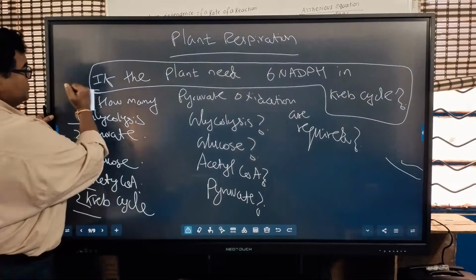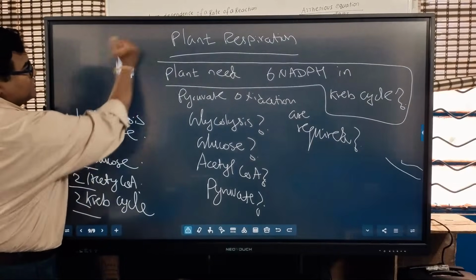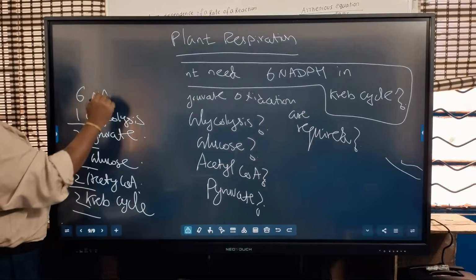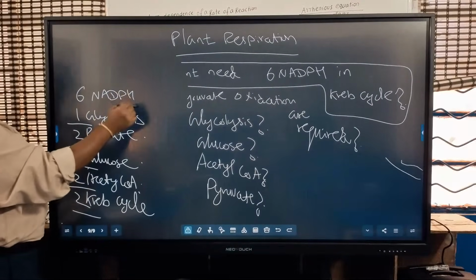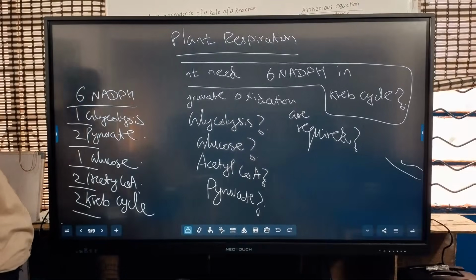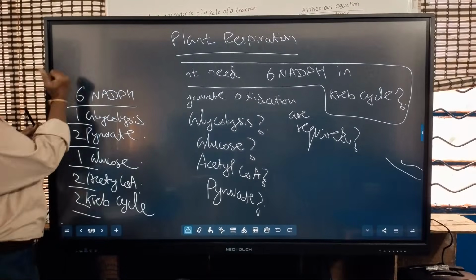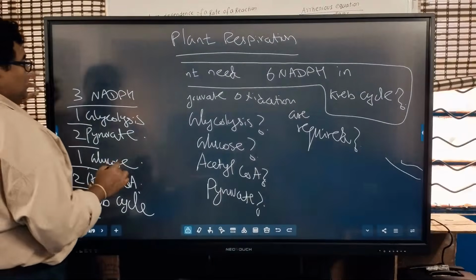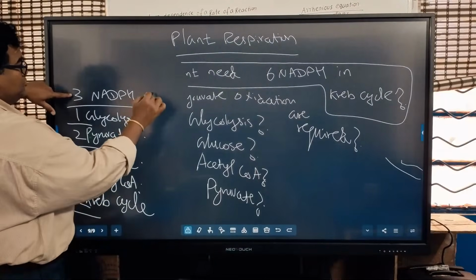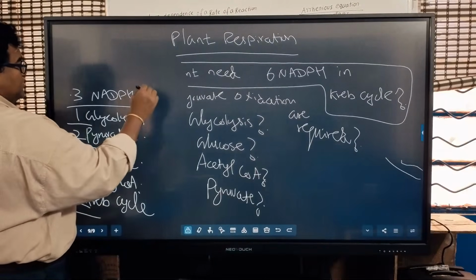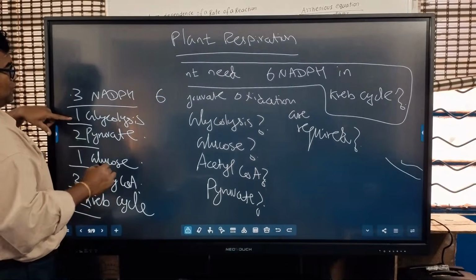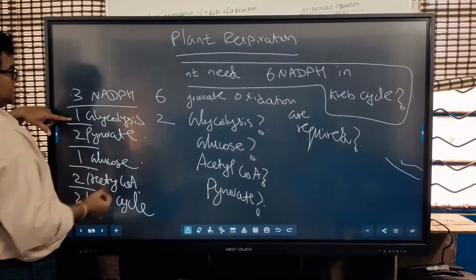That means 6 NADPH. This is the value. We should say only 3 NADPH per cycle. So if you need to get 6 NADPH, 3 into 2 is 6. So 1 into 2, 2 glycolysis.